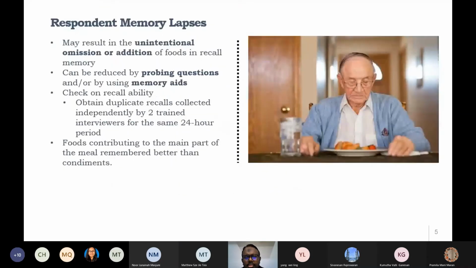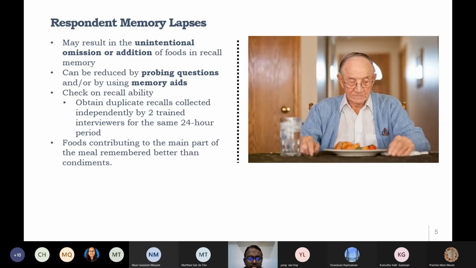So the second measurement error is from the respondents' memory lapses. This may result in unintentional omission or addition of foods in recall memory. So this is unintentional because of their memory. This can be reduced by probing questions and by using memory aids.